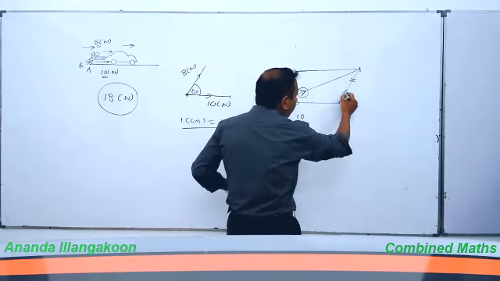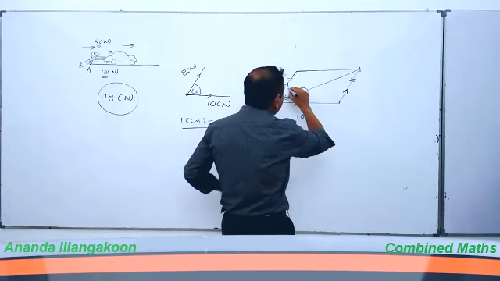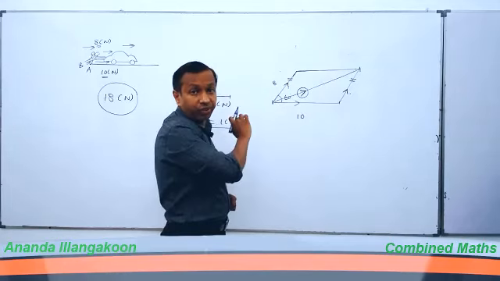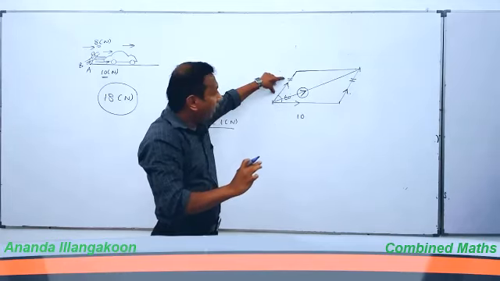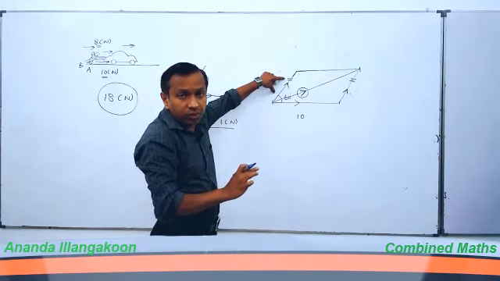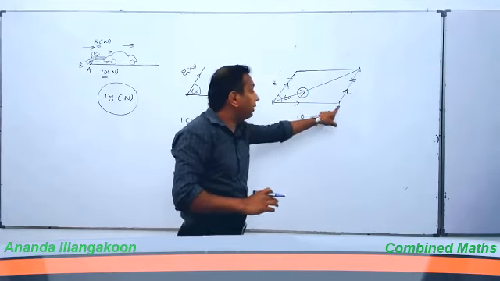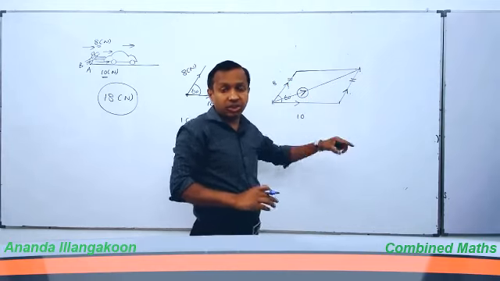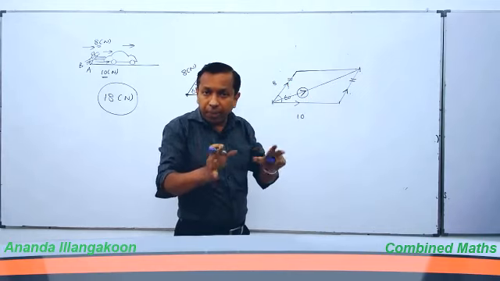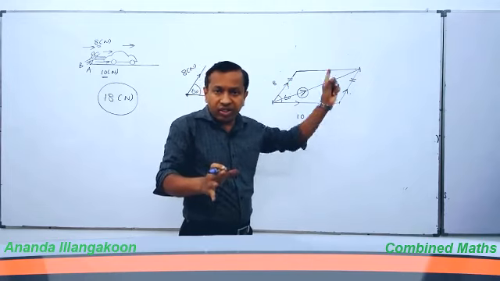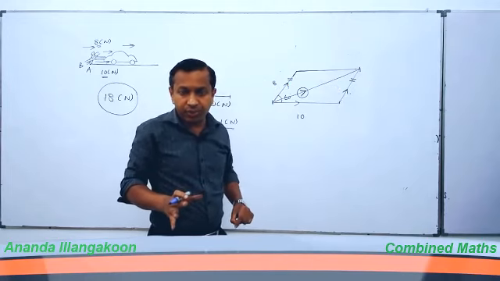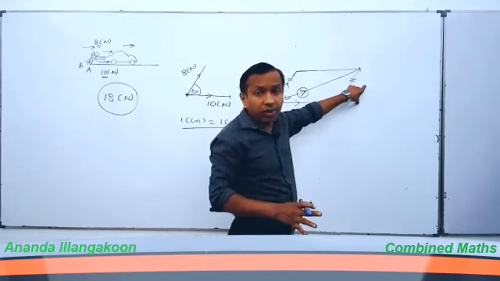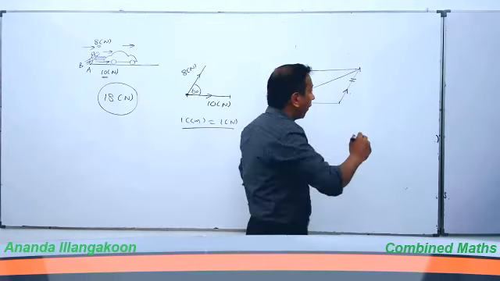When we put the arrow in this direction, this 8 Newton force, being a vector, can be represented by this side also, because these two sides are equal and parallel and the arrowheads are in the same direction. Then this 8 Newton force comes in by this side.